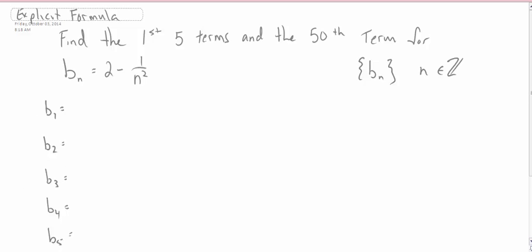So how am I going to do that? Well, I'm going to put the n into this explicit rule. What an explicit rule means is we can plug the n value that we want directly into the rule and get the term.